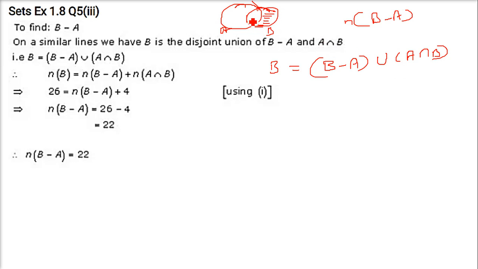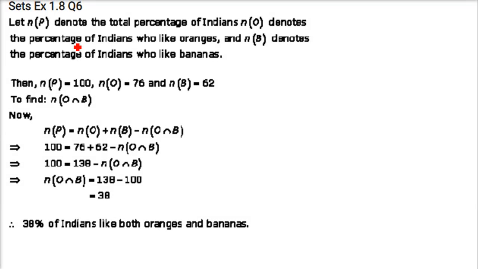This part. And what is A intersection B? This part. They both are disjoint, but if you take the union, it will come to B. So we can write n(B) will be equal to n(B minus A) plus n(A intersection B). This is 26, this is 4, which we already found out in the first part. So n(B minus A) will be equal to 26 minus 4, that is going to be 22.